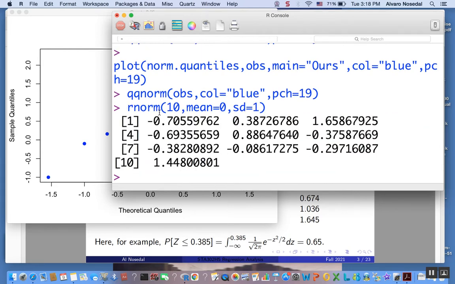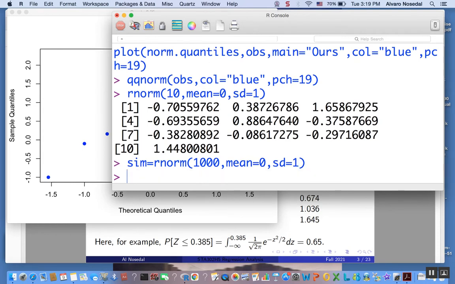So 10 numbers, right? But we don't want 10. I want to create a lot more. Let me generate 1000 of these numbers, okay? And I'm going to assign them to an object that I'm going to be calling sim, as in simulation, okay? There we are.